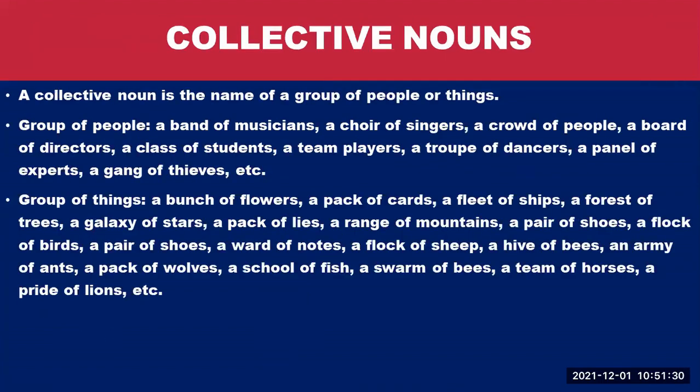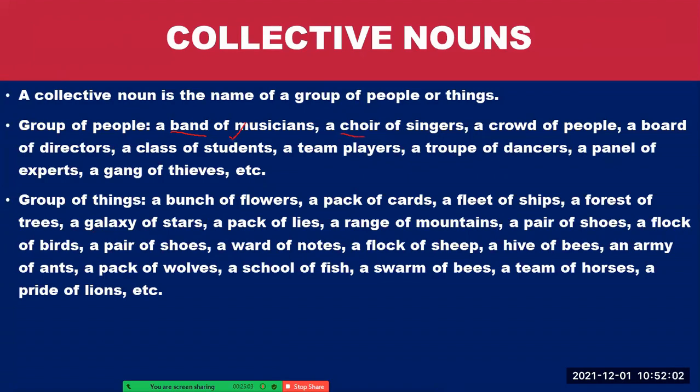Now, the next subclass of nouns we want to look at is collective nouns. A collective noun is the name of a group of people or things. All right. Now, let's look at different groups. Like a group of people, you have a band of musicians. All right, a band of musicians. So talking about the word band, that's a collective noun, a band of musicians.